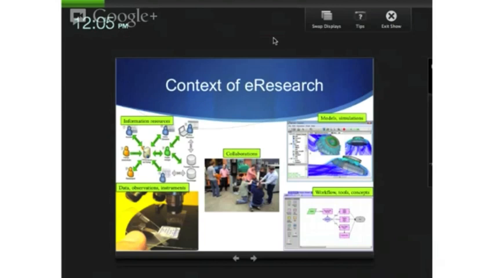We can model such processes and simulate them on computers. We don't even need instruments for those sorts of research, and that's what e-research is all about. It's an approach towards better, faster, and different ways of doing research using these complex tools and techniques.